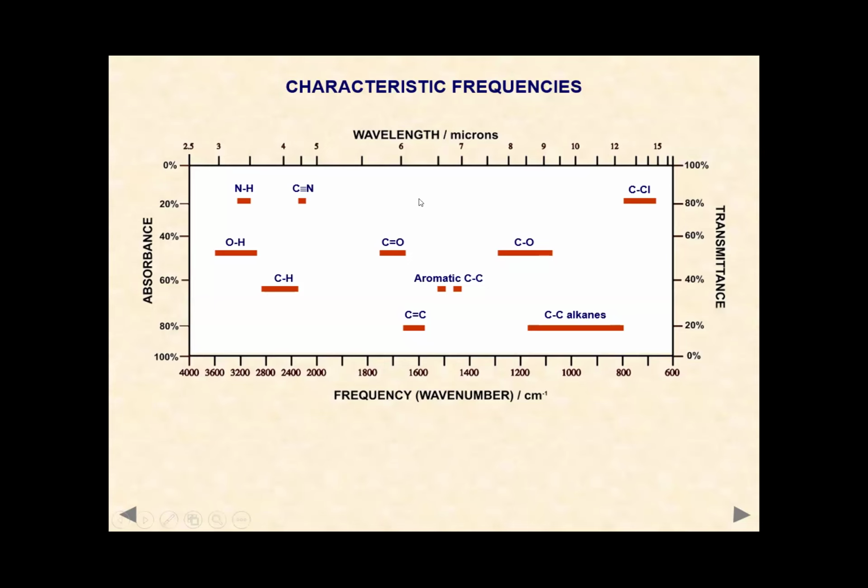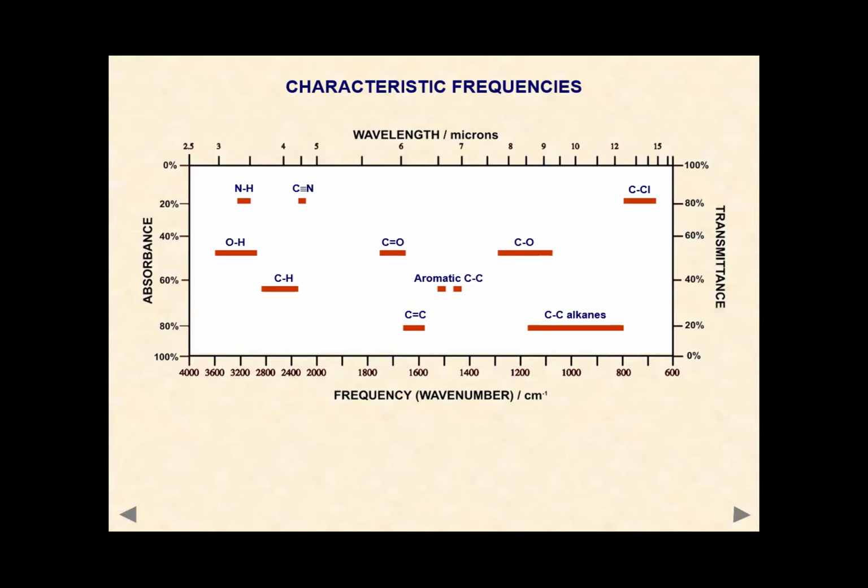Carbon same, carbon same. Oxygen same, oxygen same. The only difference is the bond. One is a single covalent bond and the other is a double covalent bond. So if we simply look at the geometry of the molecule or the bonds being made, there is a lot of difference in the frequency which will be absorbed.